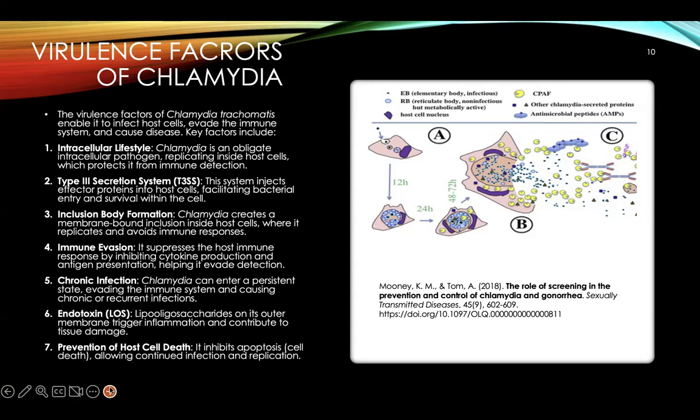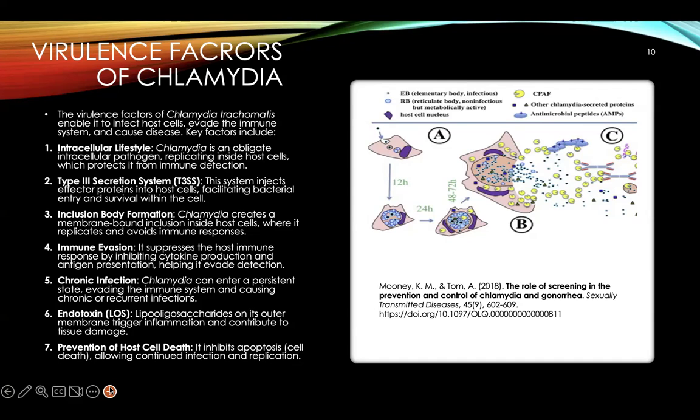Some key factors include intracellular lifestyle, which means that chlamydia is an obligate intracellular pathogen replicating inside the host cells, which protects it from immune detection. Type 3 secretion system. This system injects effector proteins into the host cell and this is facilitating bacterial entry and survival within the cell.